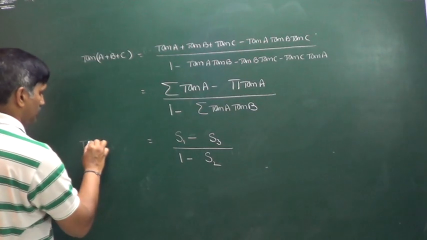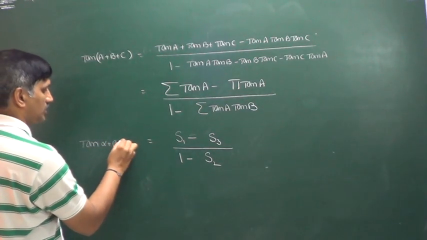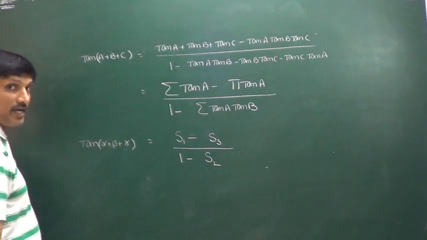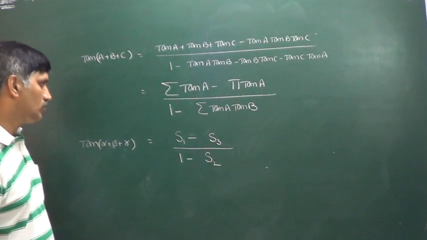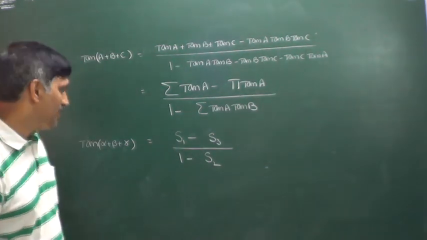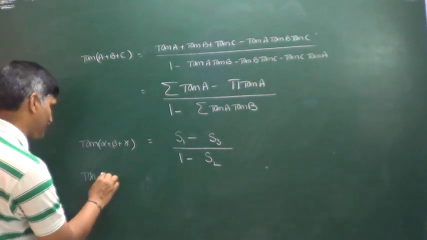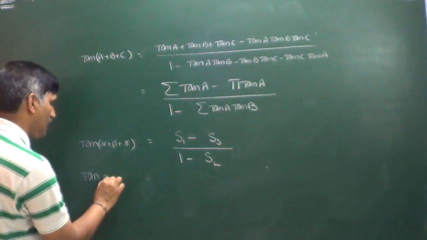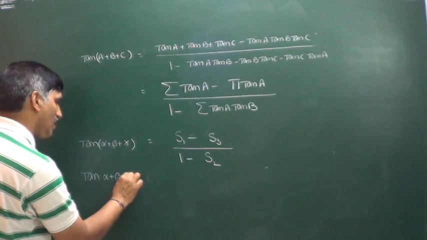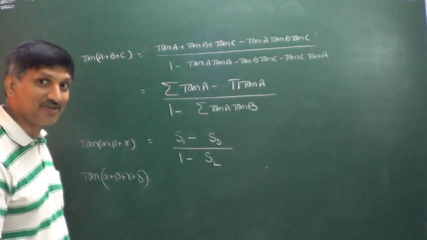So here we can write tan of alpha plus beta plus gamma like this: S1 minus S3 by 1 minus S2. Okay, very good. But suppose tan of alpha plus beta plus gamma plus delta, with four angles.